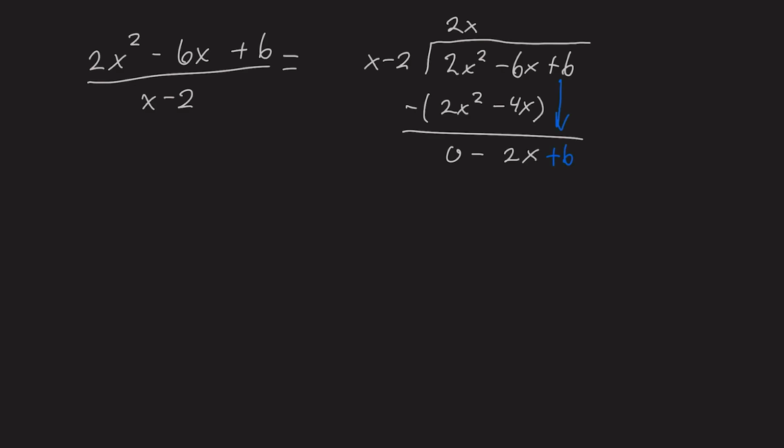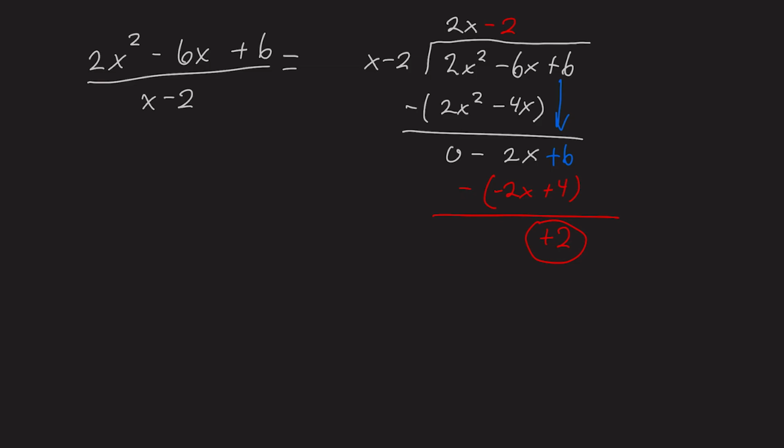Okay? Now, what do I need to do to x to get to negative 2x? I multiply by negative 2. So that's going to be my second part. Okay, so I need to subtract my negative 2x. What's negative 2 times negative 2? It's 4. So now I'm left with just a positive 2 down here. I can't multiply x by anything to get to 2, so I'm left with a remainder of 2.